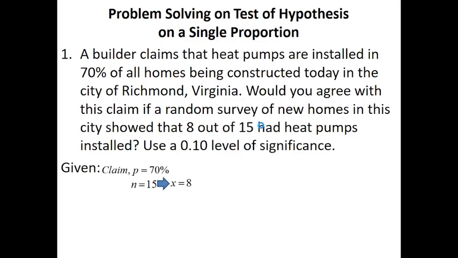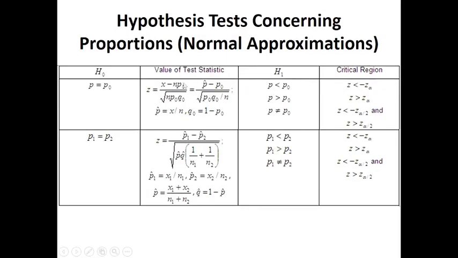So let's go back to this table. This is the hypothesis test concerning proportions, where p equals p sub 0. So p sub 0 is 70%.